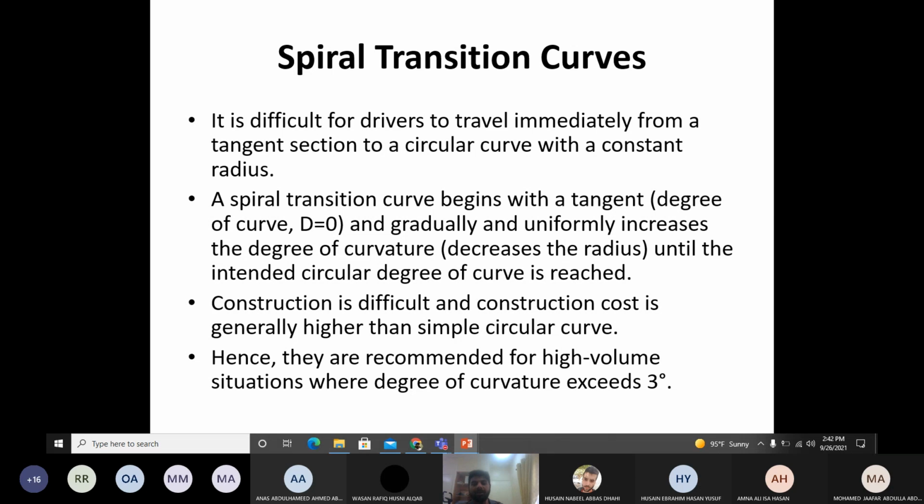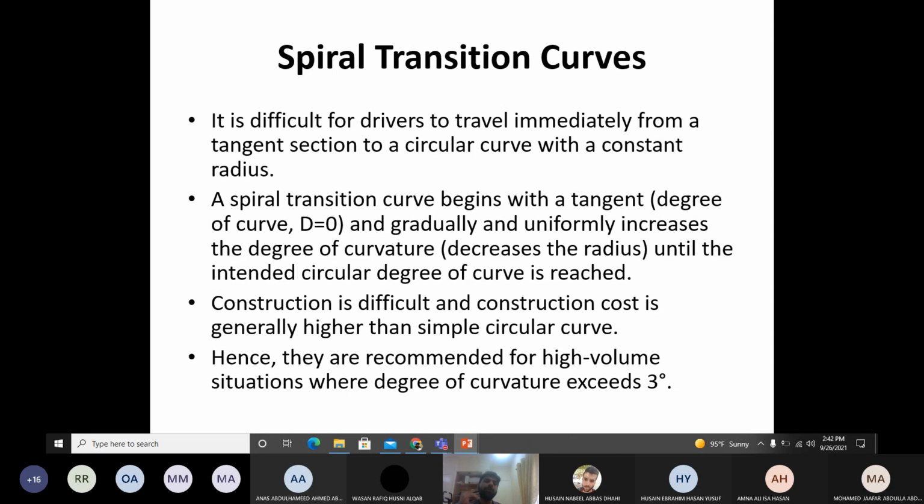According to practitioners, on high speed roads, high volume facilities, if the degree of curvature exceeds 3 degrees, then it is recommended to provide a spiral transition curve.